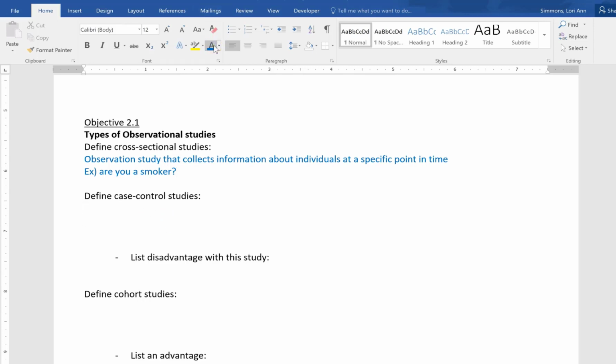Case control studies, again, is an observational study that is retrospective. So that means looking back, so maybe at existing records or memory.